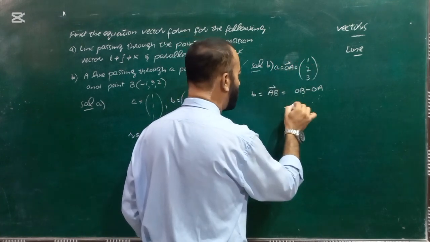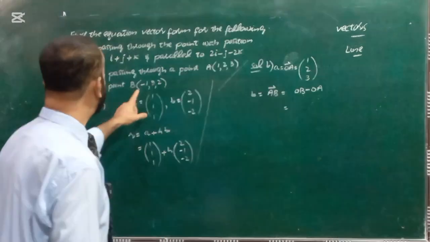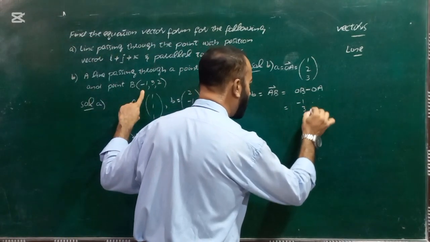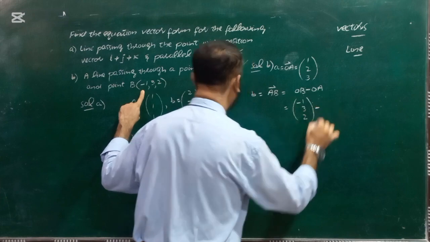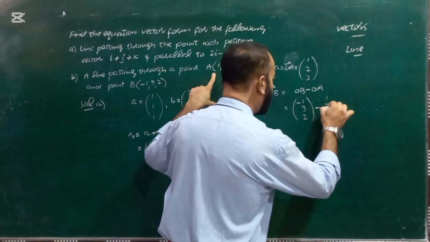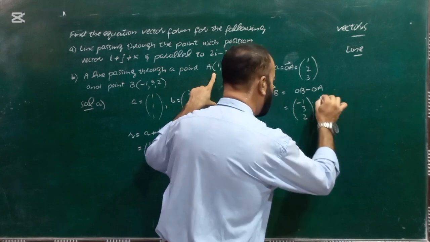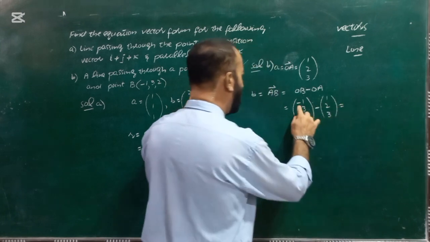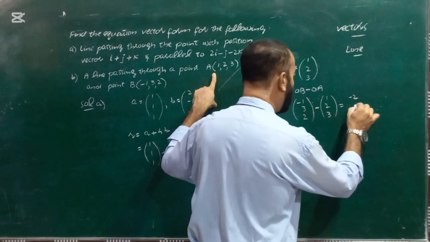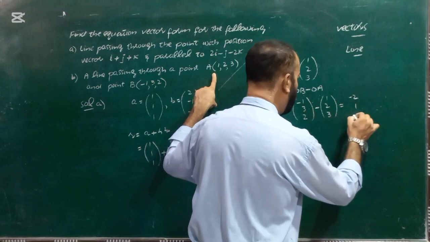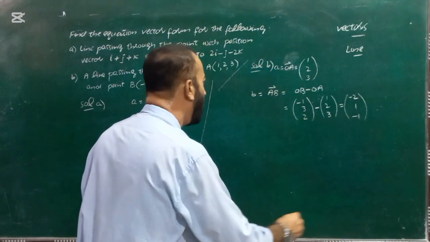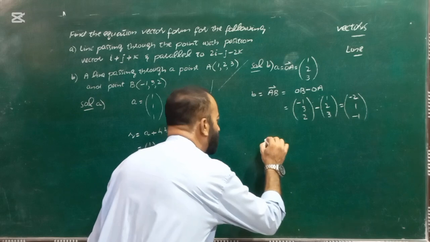Okay, now putting values here, OB is -1 3 2 and OA is 1 2 3. So first we will solve these values. So -1 -1 will be -2, 3 -2 will be 1, and 2 -3 will be -1. So this is B vector, and now we are able to put the values into the formula.